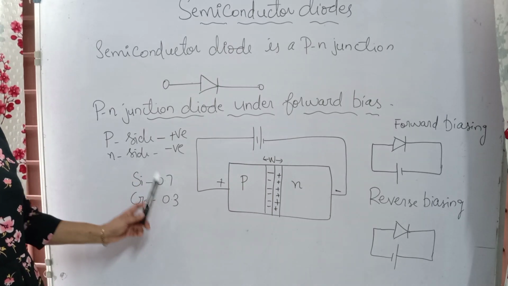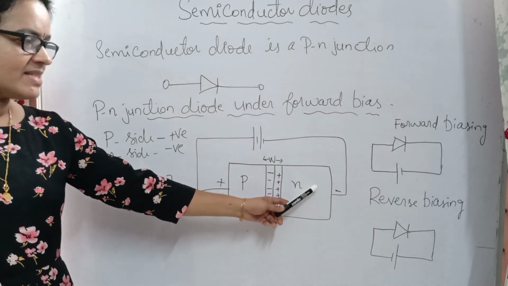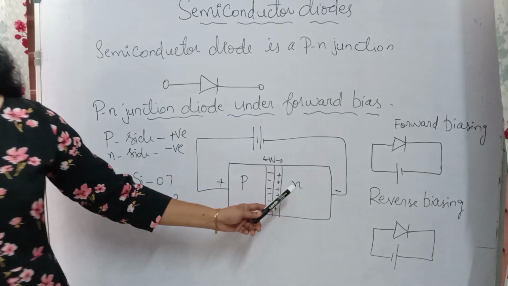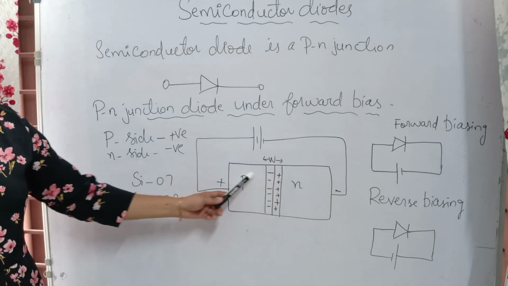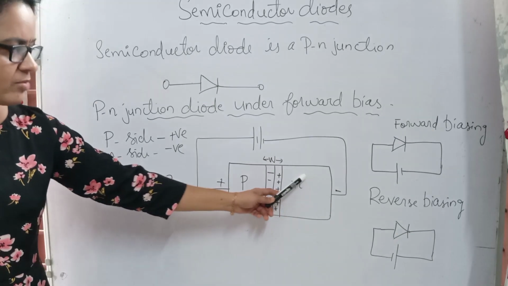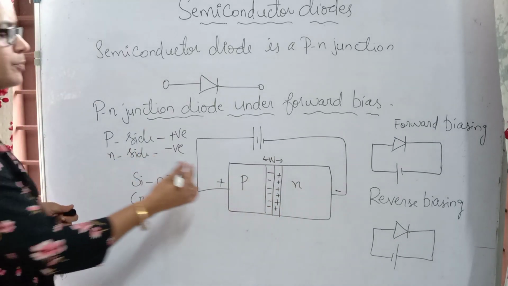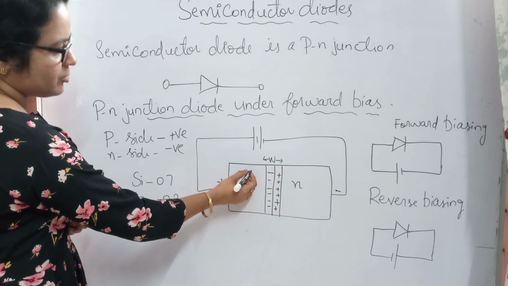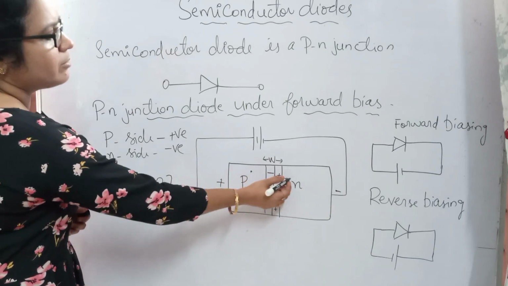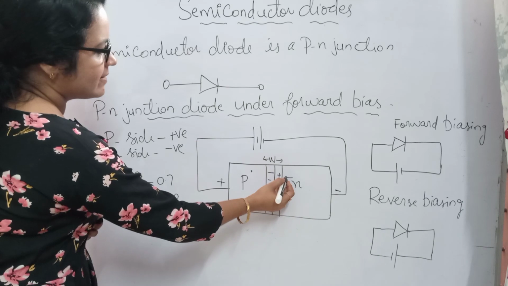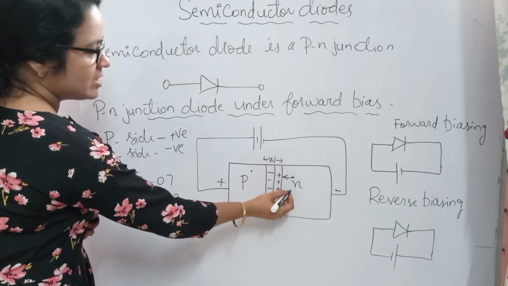Okay, so here we are taking silicon, and we are taking the voltage as more than 0.7. So what will happen? These electrons will be able to cross this barrier. So from here the electrons will be able to cross the barrier, and here positive charges will be here, right? Positive charges here means they will be able to cross this barrier. So like this, the electrons will be moving to this side.